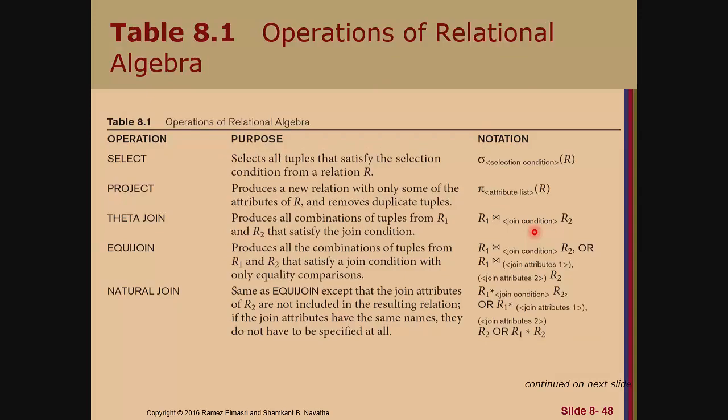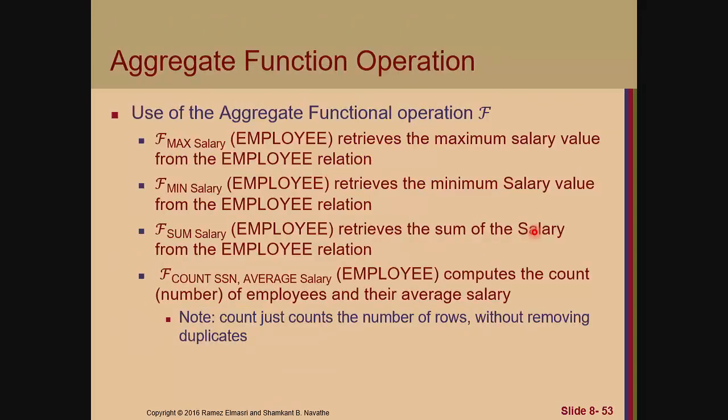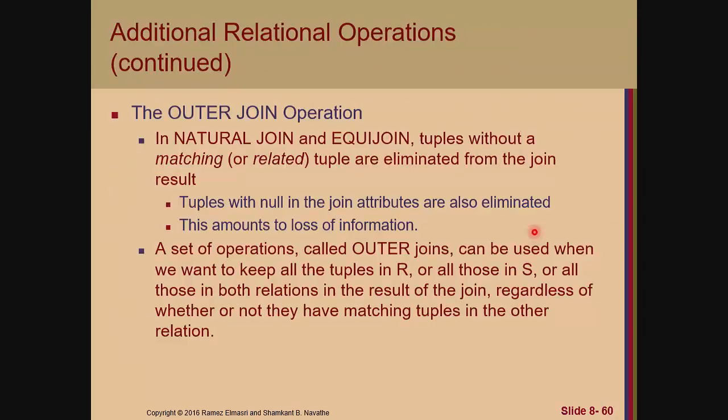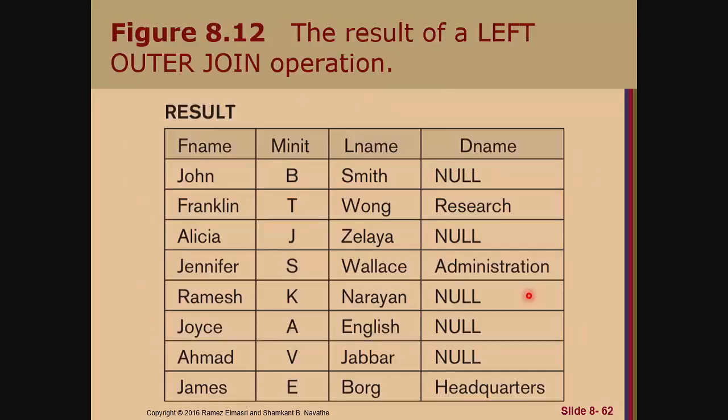And what else? Outer join. Where is outer join? You don't have outer join? Outer join is here. Yes. This symbol, don't forget it. This is left join, right join. Here is the full outer join, and the result is like this one.